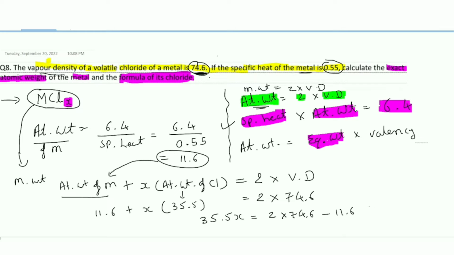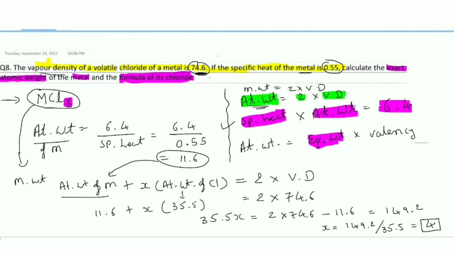So first of all, let me solve this. 35.5x is equal to 149.2. So x is equal to 149.2 divided by 35.5, and x will be 4.